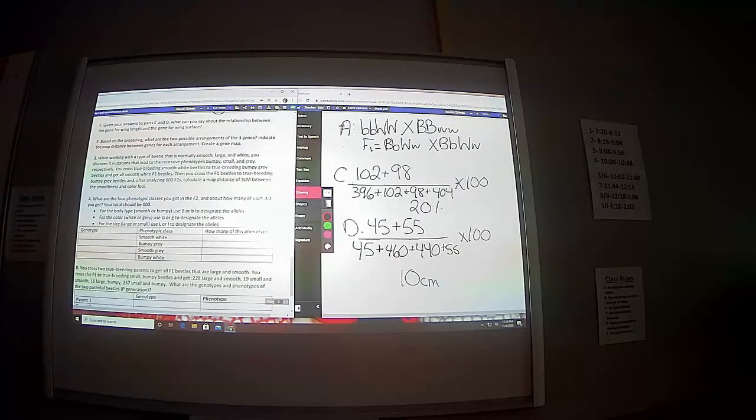Oh boy. All right. Given your answers to part C and D, what can you say about the relationship between the gene for wing length and the gene for wing surface? So our answer for part C was 20% or 20 map units away. For part D, it was only 10.